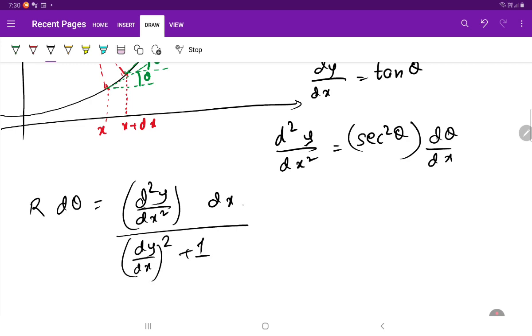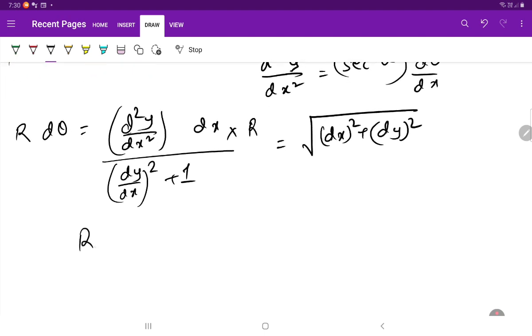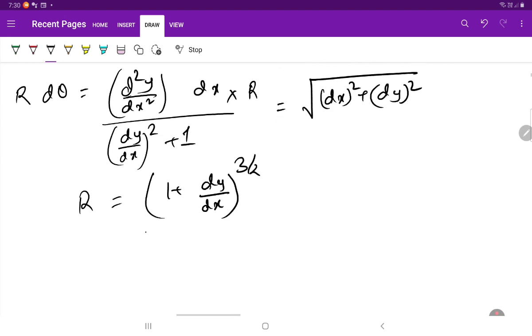Now multiplying with the radius, you will get root of dx whole square plus dy whole square. From further simplification, you will get 1 plus dy by dx whole to the power 3 by 2 upon d2y by dx2, which is the formula for the radius of curvature of the given curve at a general point.